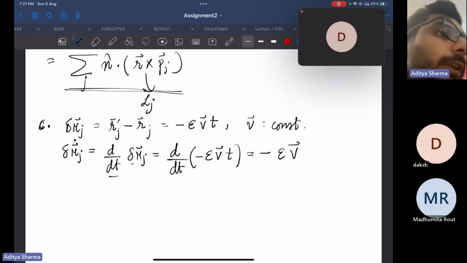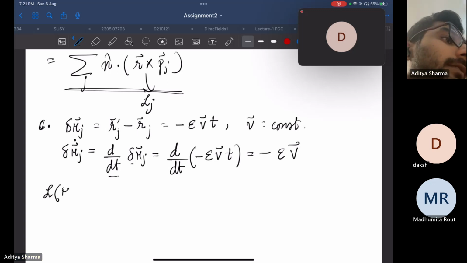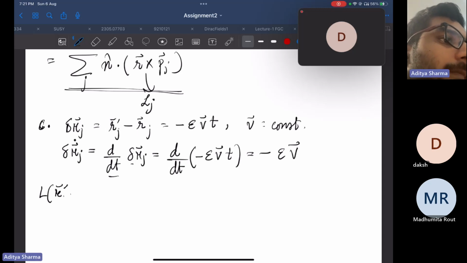Now we are going to see how the Lagrangian changes up to first order in epsilon. You just put the new r_j prime and r_j dot prime in the Lagrangian.